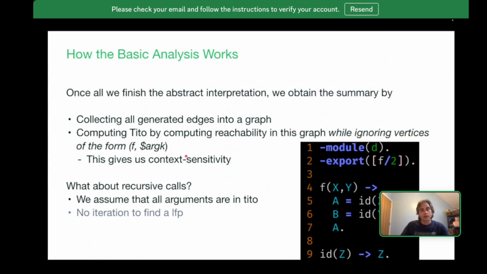But you do take into account these squiggly arrows that summarize the effect of other procedures. That's the kind of nitpicky thing. The other part that is more important is what about recursive calls? All I want to say is that what we do now is that we assume that all arguments flow into the return, and we don't iterate to find the least fixed point. But that seems to be working okay in general.